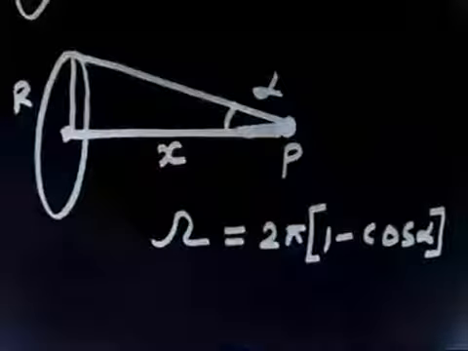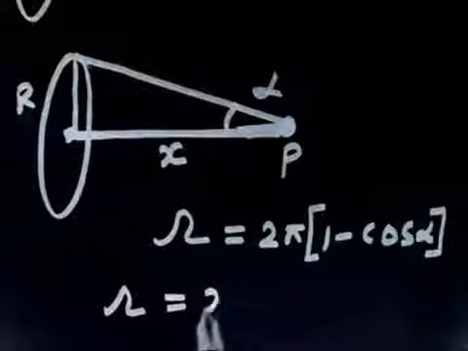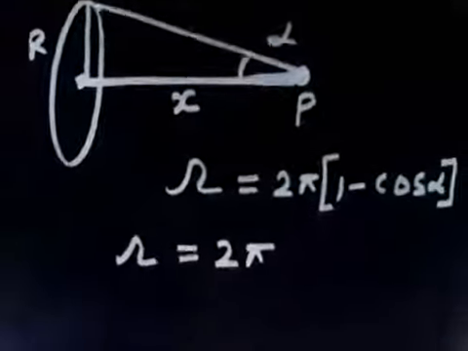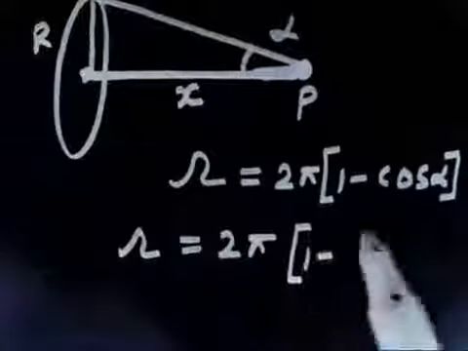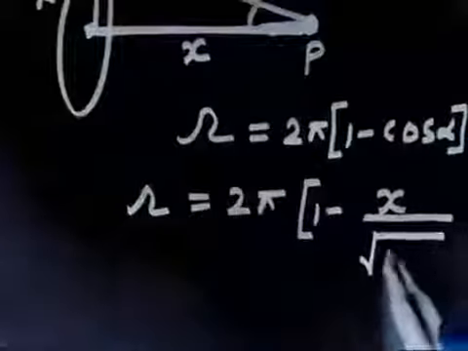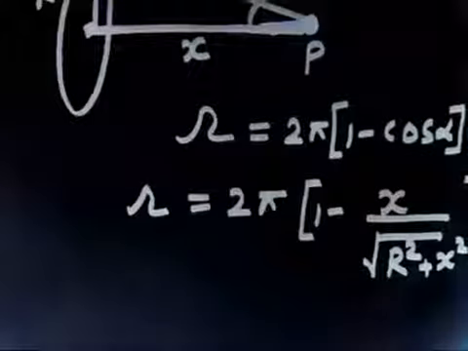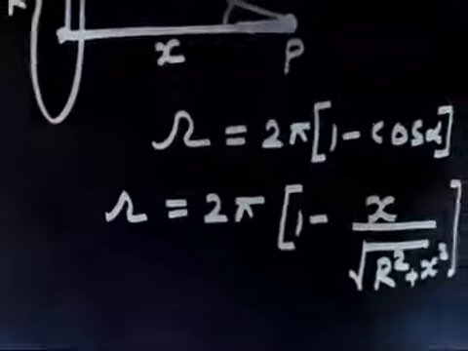Are you getting it? Alpha can also be written in terms of x: cos alpha is this distance divided by this distance, that is x by under root r square plus x square. But basically you remember 2 pi (1 minus cos alpha).